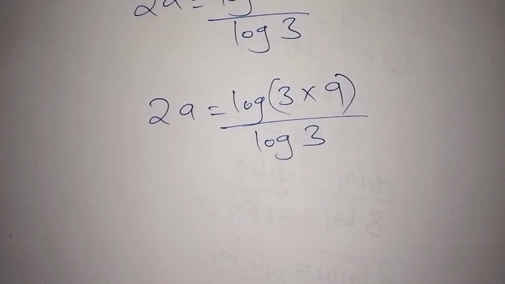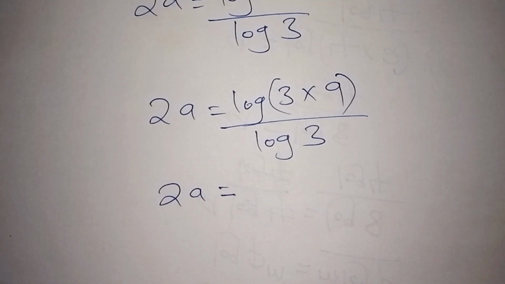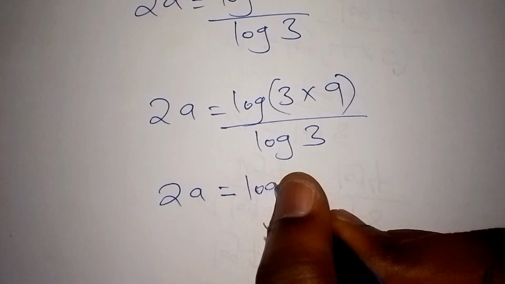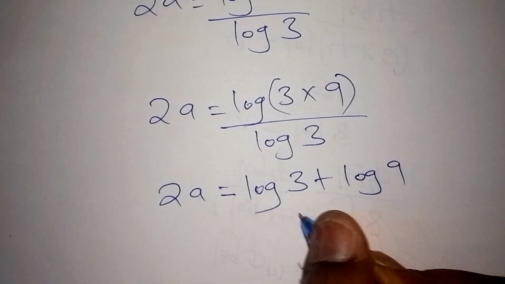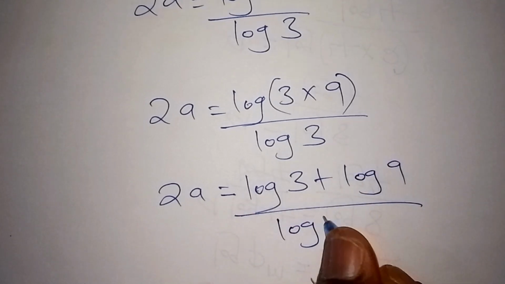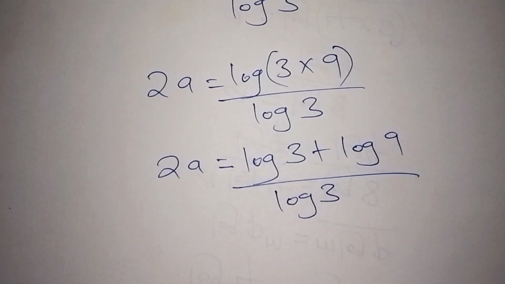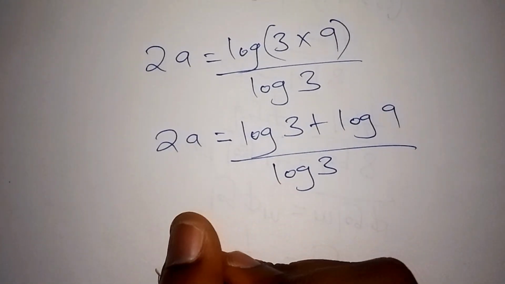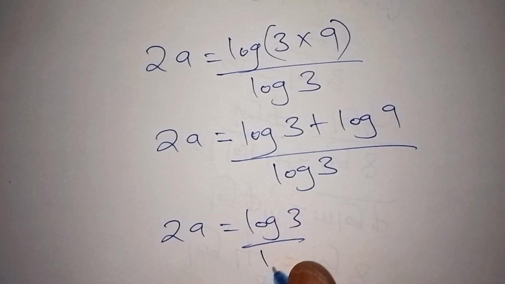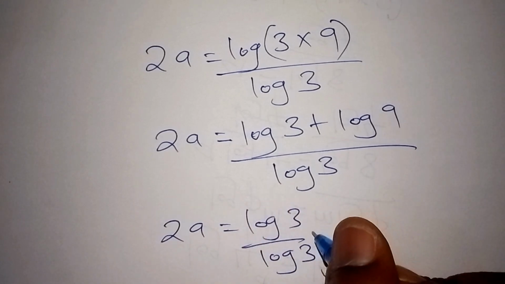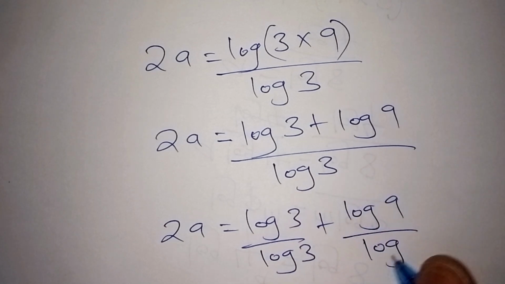Following the law of logarithms, we shall have 2a equal to the log of 3 plus the log of 9 all over the log of 3. Now let's divide both terms by the log of 3, so 2a is equal to the log of 3 all over the log of 3, plus the log of 9 all over the log of 3.